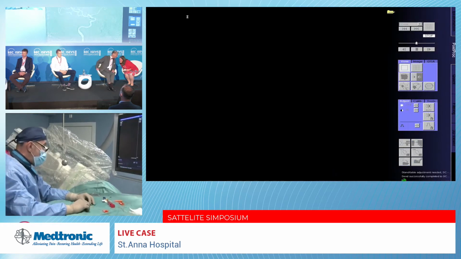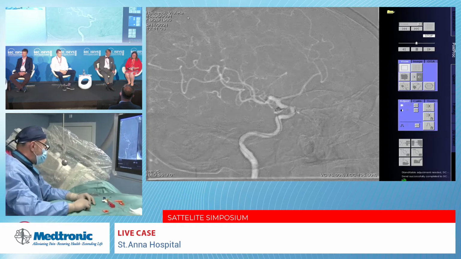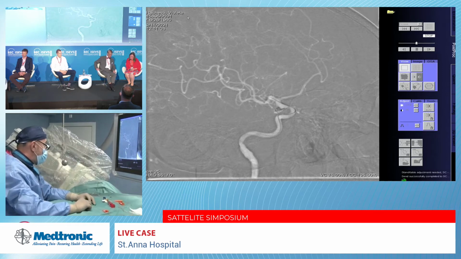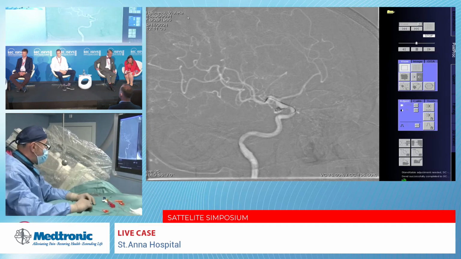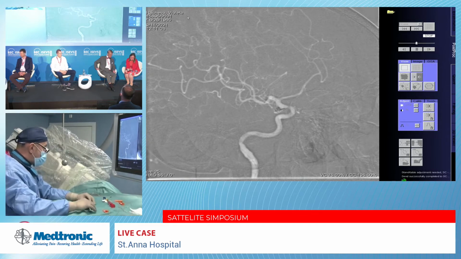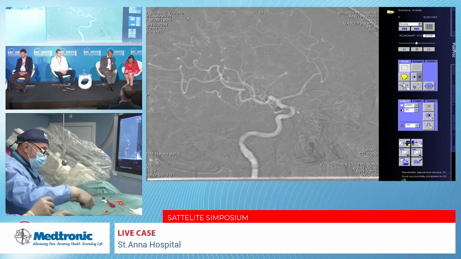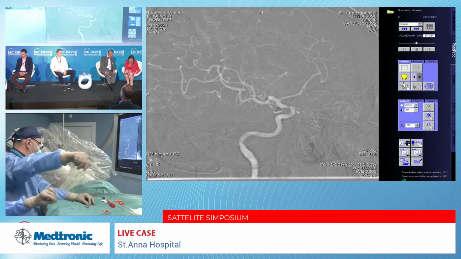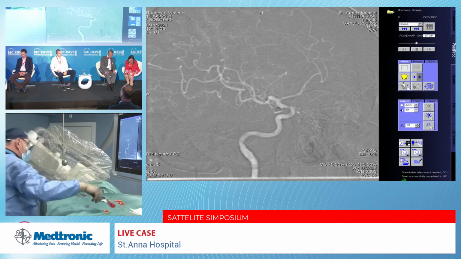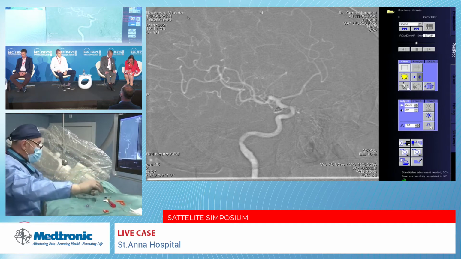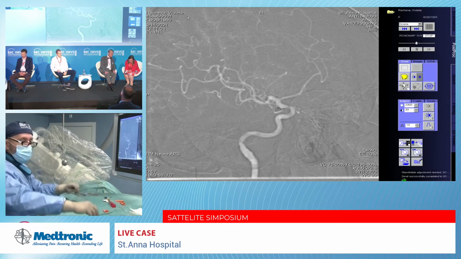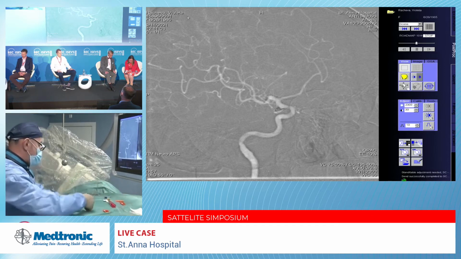You can see the top of the microcatheter. Here is the top of microcatheter. For this aneurysm, we choose to use Pipeline 4.25 by 20 Shield technology, and now we will put the folder.